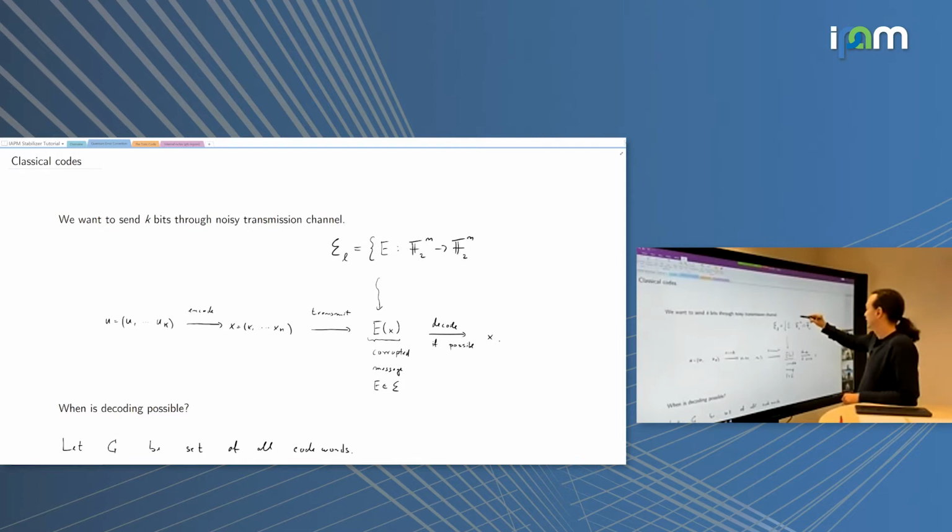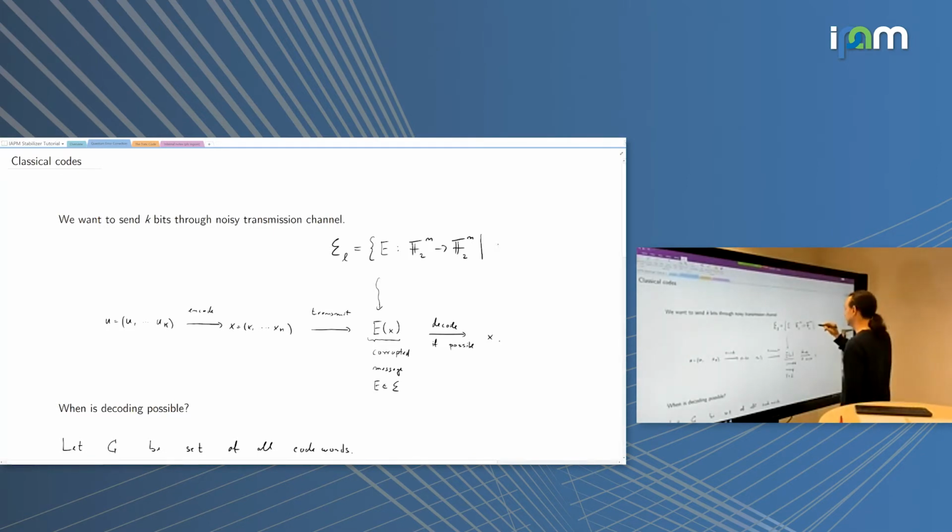But if you're unfamiliar with this, this is just a bit string of length n. And I want to restrict the error operations in such a way that the map E is guaranteed to only affect L bits.